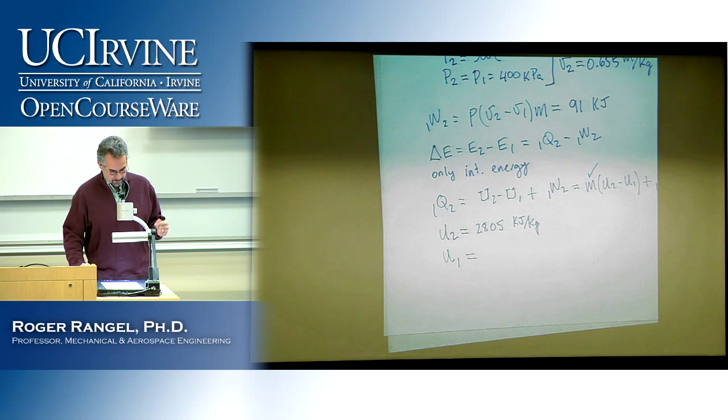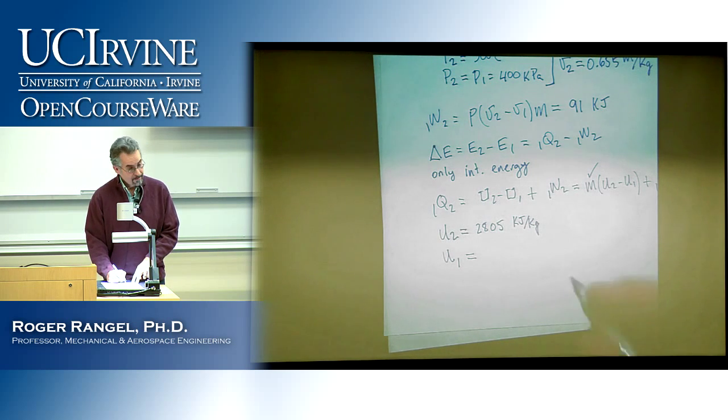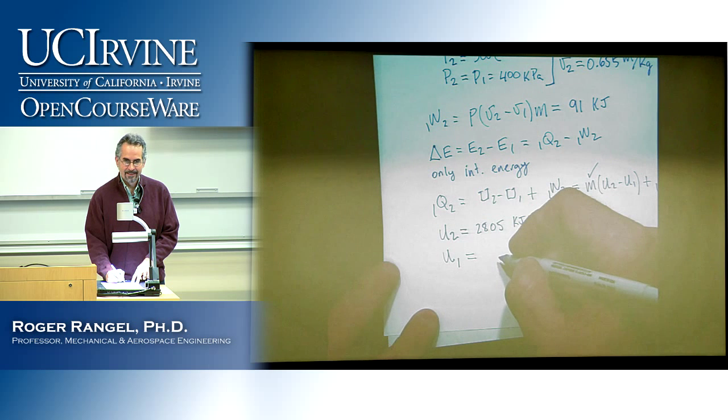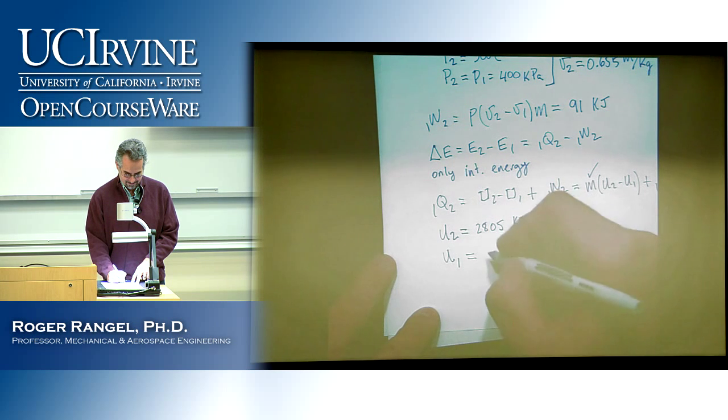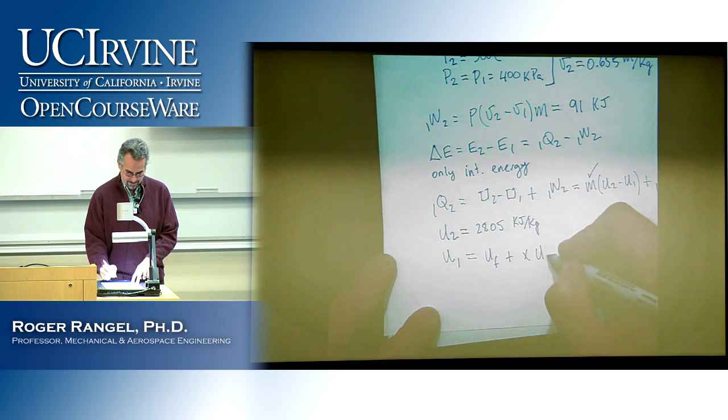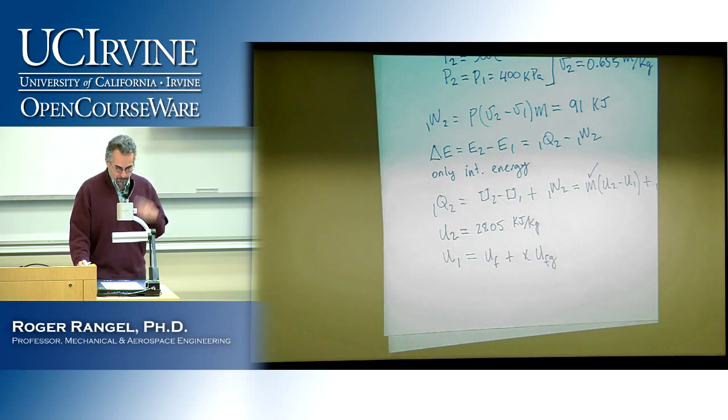So can you give it to me? Good practice for you. It's x u_f minus 1 minus x... kind of close. You have it right there? U sub f plus x U sub fg. Right. Okay. So memorize this.